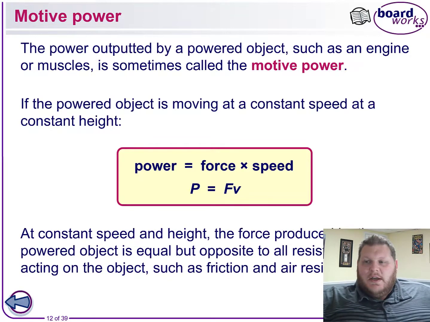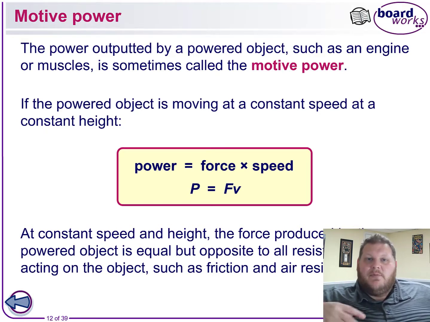So here again, at a constant speed and height, the force produced by the powered object is equal but opposite to all the resistive forces acting on the object, such as friction and air resistance. Again, that makes sense. If we're keeping that speed constant, and we're not changing the height, then the force would have to be equal and opposite, right?